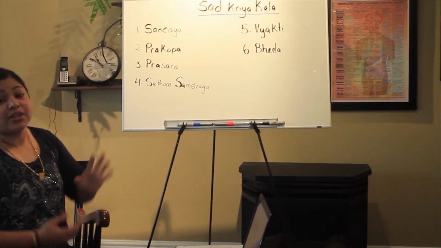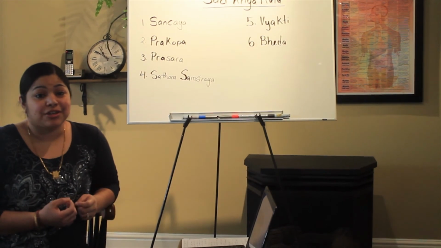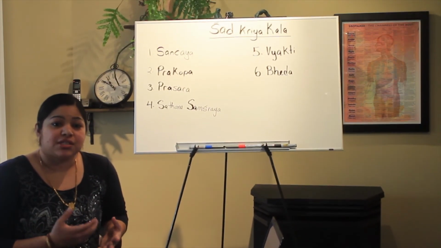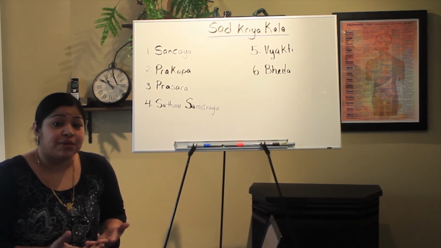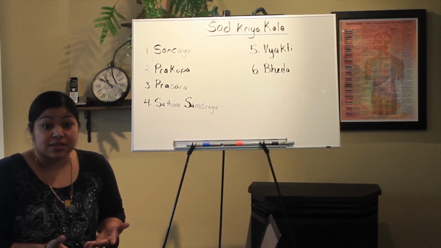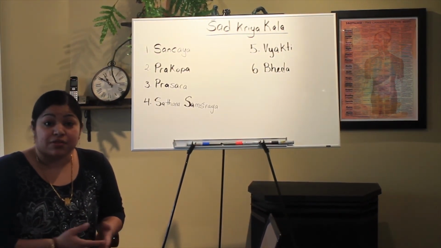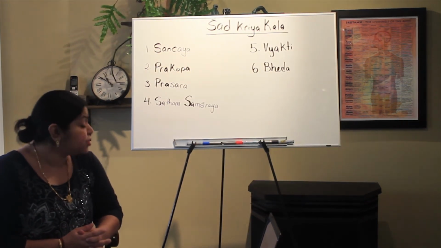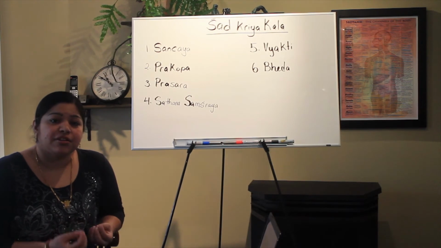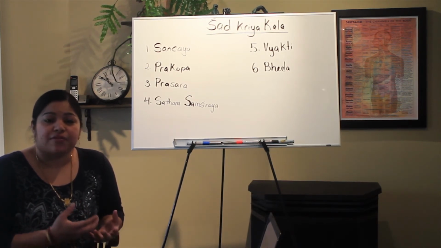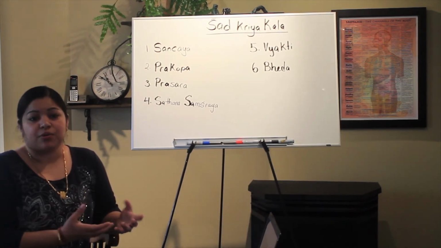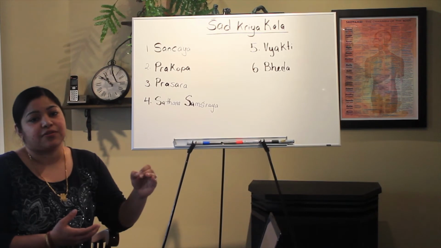Sanchaya means when there is a mild increase of doshas. We know that the doshas tend to be predominant at different times of the day, in different seasons, different times of the night, and different times of our age as well. So when there is a slight increase of the doshas according to the time of day, for instance kapha being more predominant in the morning, that is a sanchaya, where there's a mild increase of kapha.